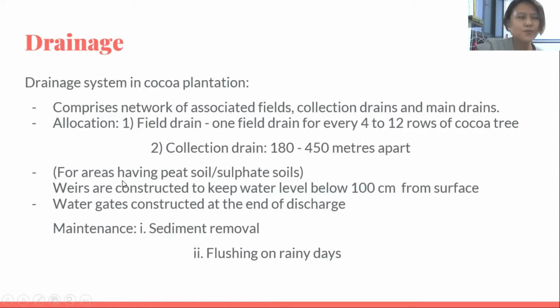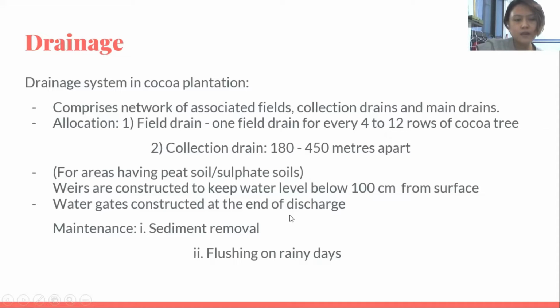For farmers who plant cocoa in areas that have peat soil or surface soils which are quite low in infiltration rate, barriers are constructed to keep the water level below 100 centimeters from the surface. And water gates are constructed at the end of the discharge.